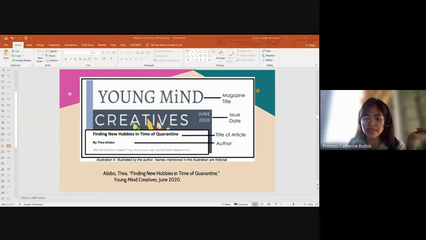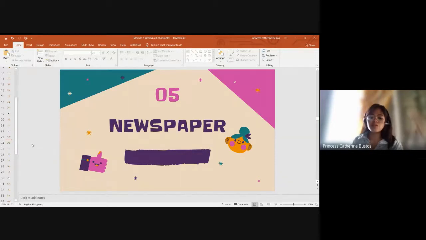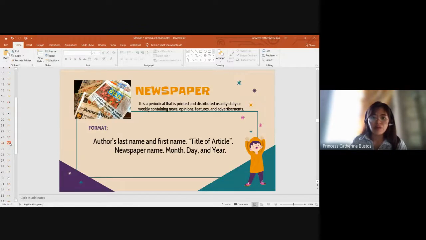So that's for magazine. Now let's continue with the last one. Newspaper is the last one for printed resources. Now, what is a newspaper? Please read, Mia.